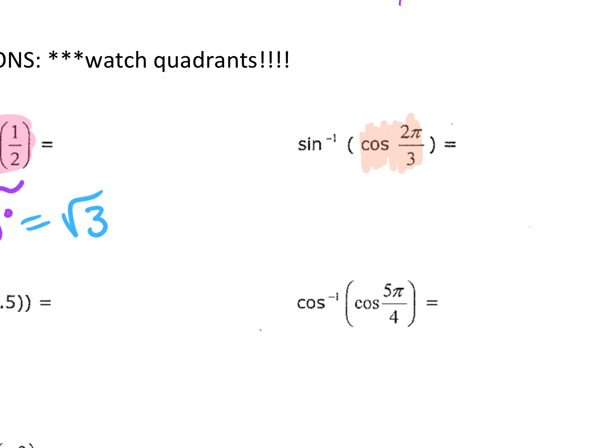So Leah, help me out with that. Cosine of 2 pi over 3. So go to your unit circle, and we're looking for where 2 pi over 3 is. Well, okay, I'm sorry, say that, yeah, it's at 120, but what's the value there?